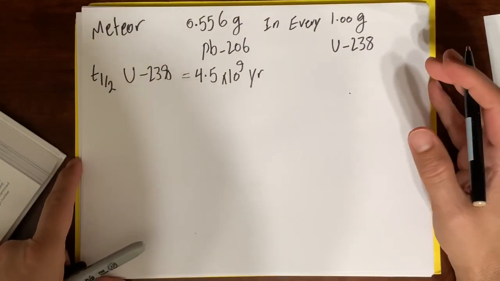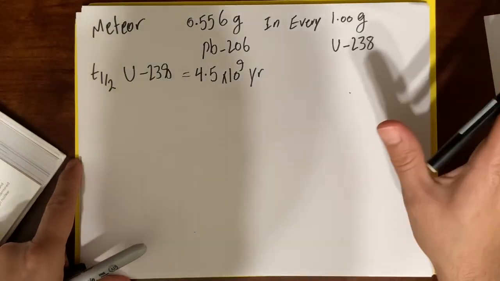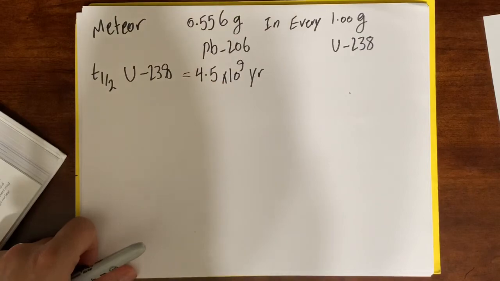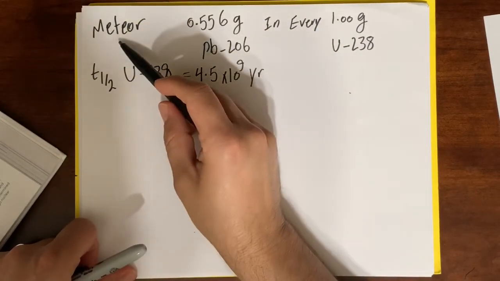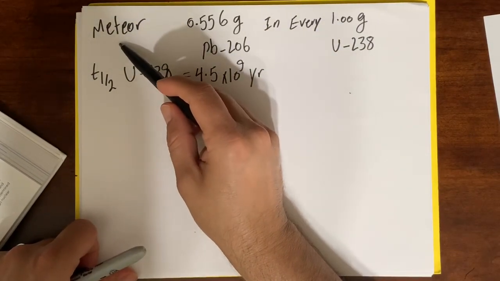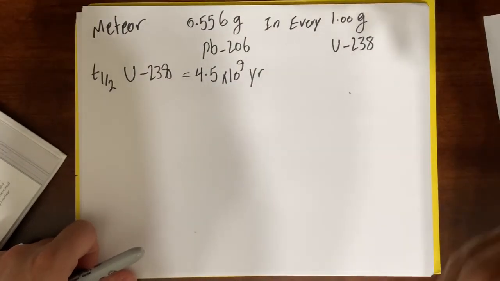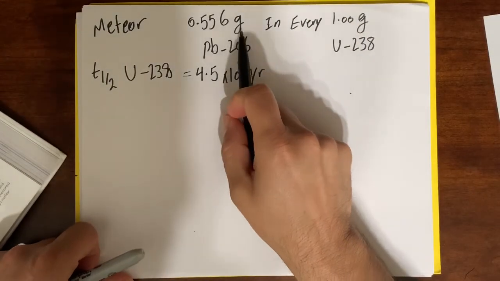Now, the question is going to be, let's assume at the beginning there was no lead. There was no lead in this species. Tell us how much uranium we started with and how much time we spent to get this gram of lead.